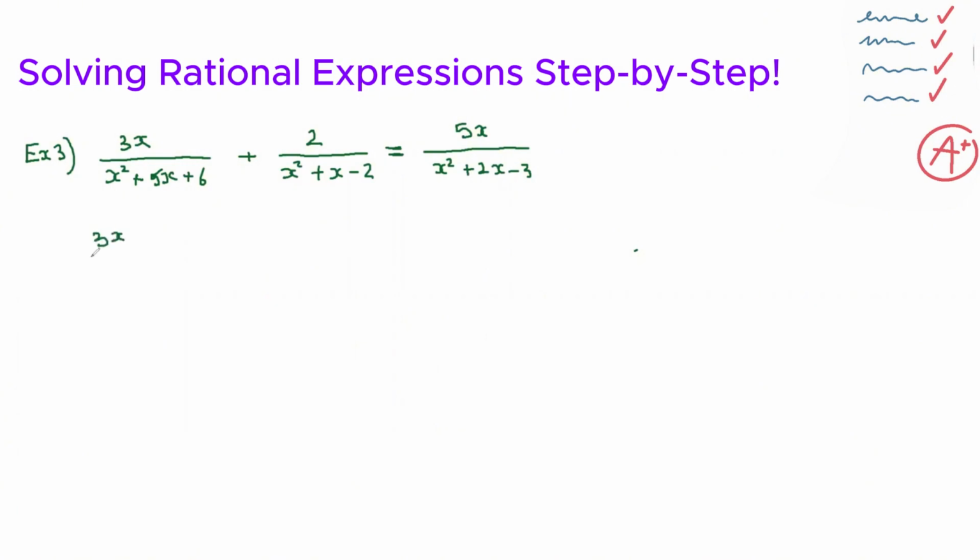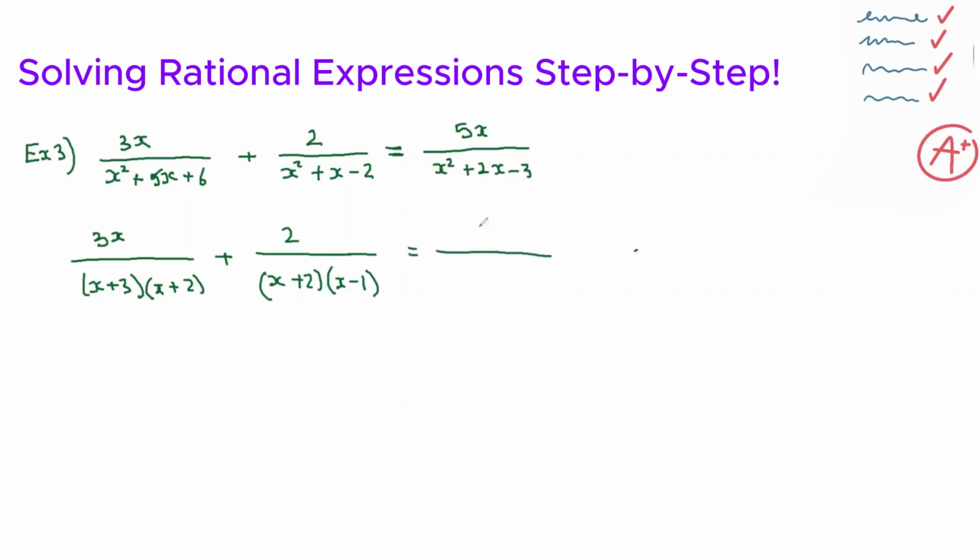So we have 3x over (x + 3)(x + 2), plus 2 over (x + 2)(x - 1), equals 5x over (x + 3)(x - 1).